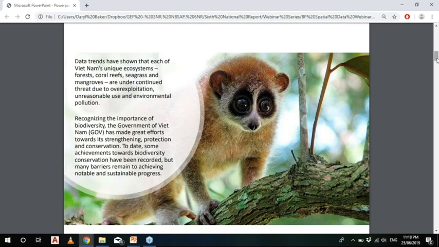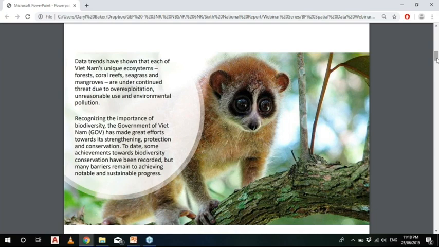For example, the law on biodiversity was enacted in 2008, and Vietnam has had different versions of the NBSAP. The first NBSAP was promulgated in 1995, and then there is the updated version in 2014, and then different action plans. For example, recently we have the action plan to conserve sea turtles and also tigers.